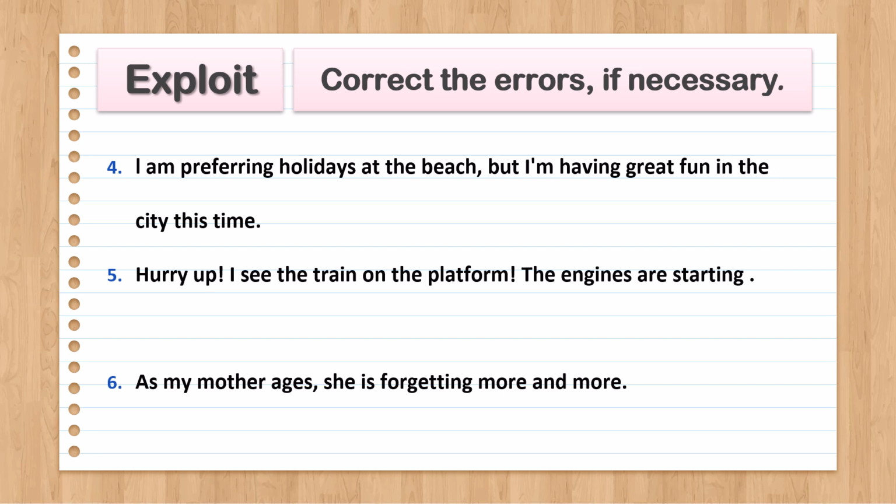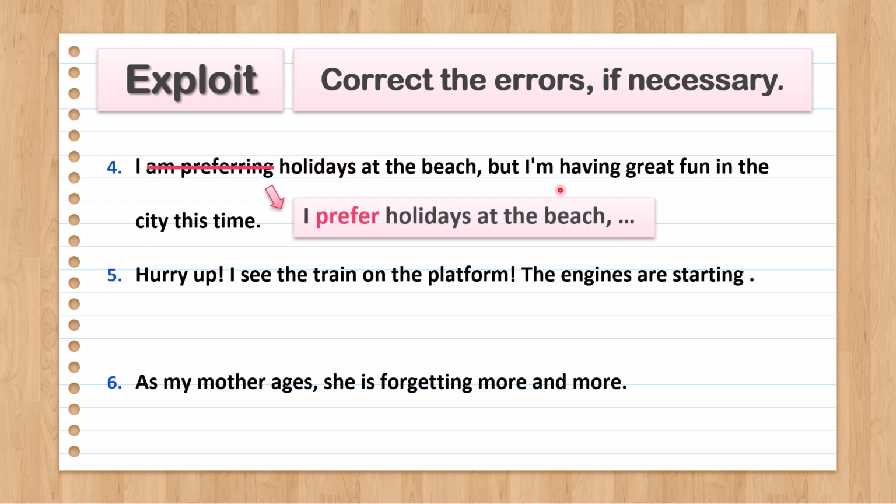Number 4. I am preferring holidays at the beach, but I am having great fun in the city this time. The word I'm preferring is wrong. It's incorrect. If we want to correct it, we should say I prefer holidays at the beach instead.